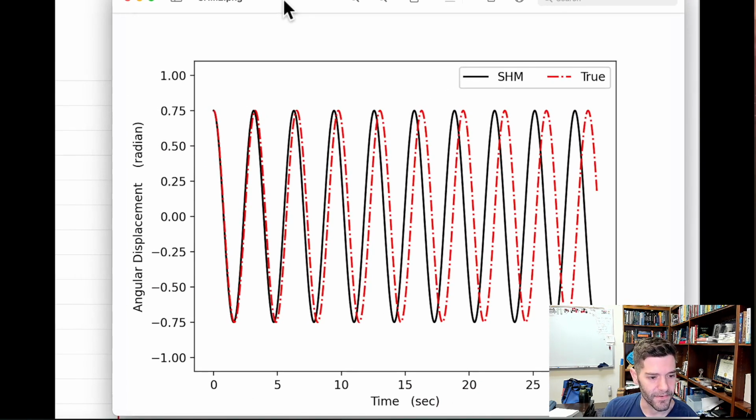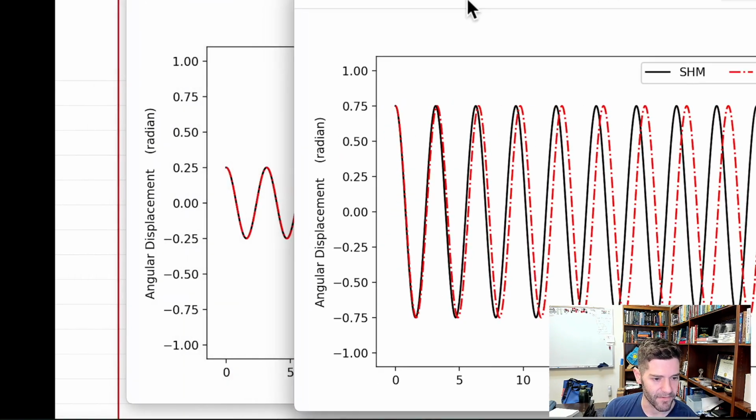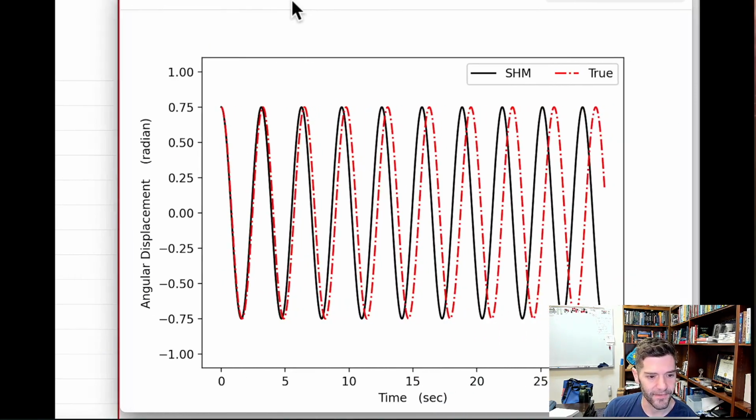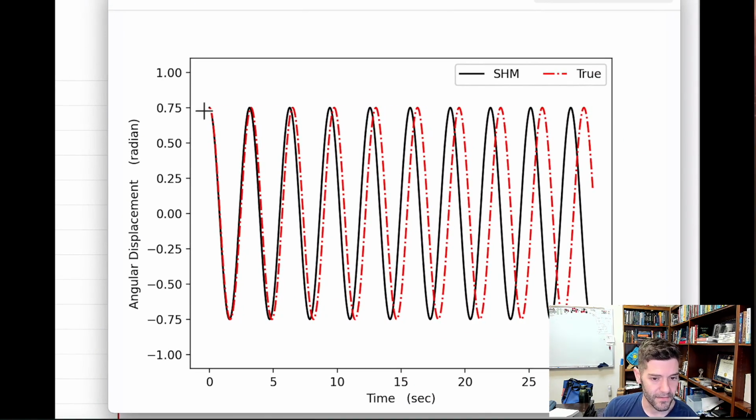Compare that to a larger angular displacement, 0.75 compared to 0.25, where again this is the true solution and the black is just me plotting a cosine function. Notice that again they start in agreement. The pendulum swings, if negative is to the left, it swings to the left, and starts swinging to the right.